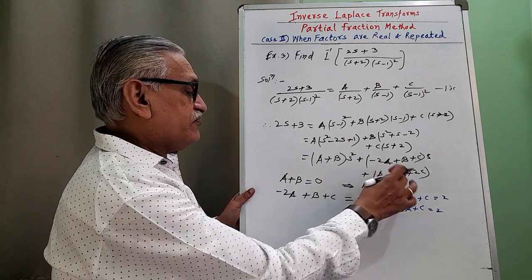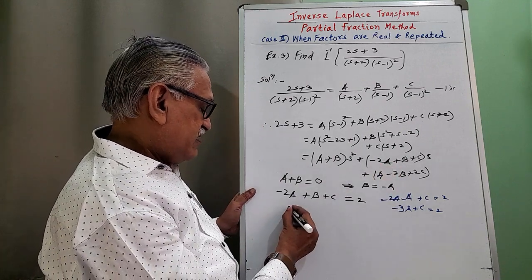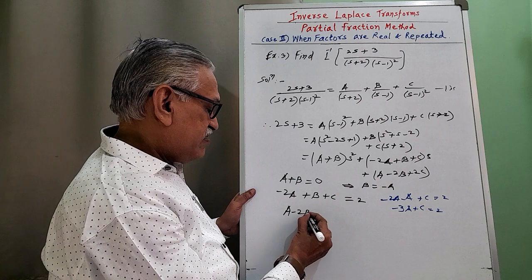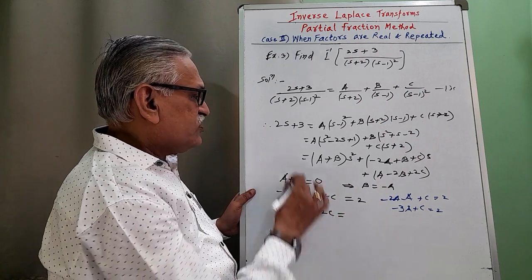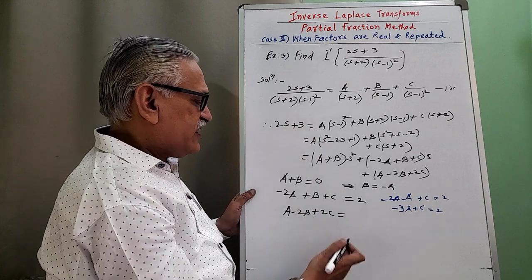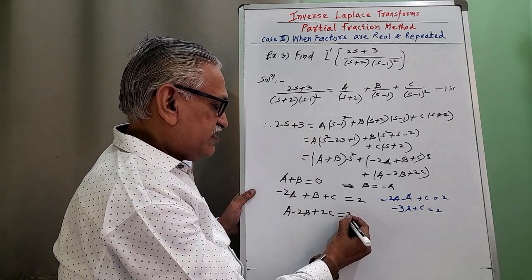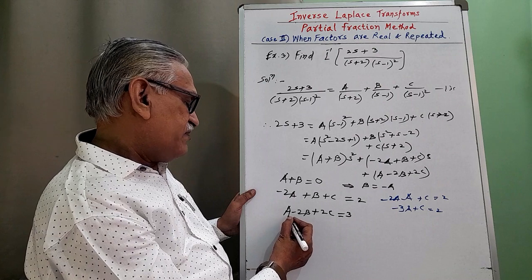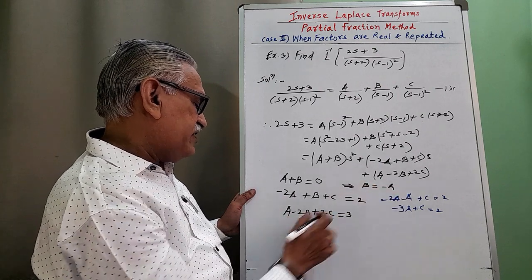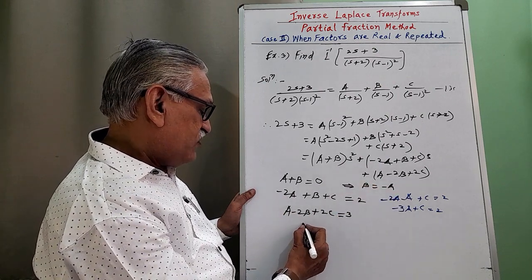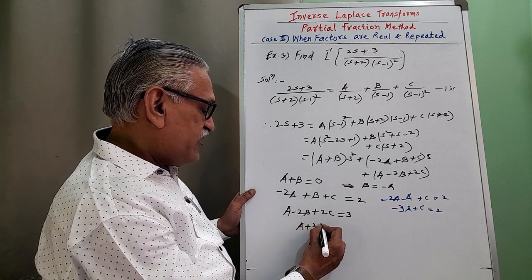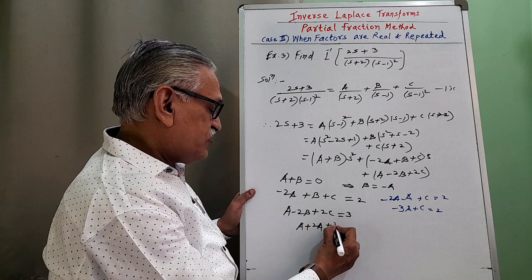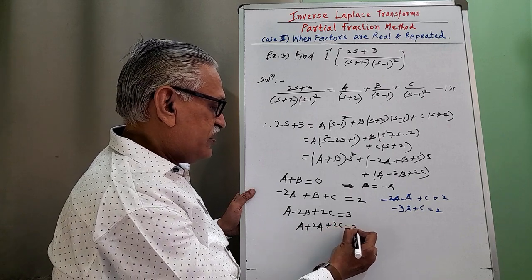And then lastly, a minus 2b plus 2c is equal to the constant term on the right hand side, which is 3. Put the value of b as minus a, therefore a, and that minus will become plus 2a plus 2c is equal to 3.